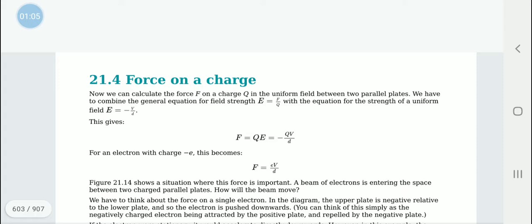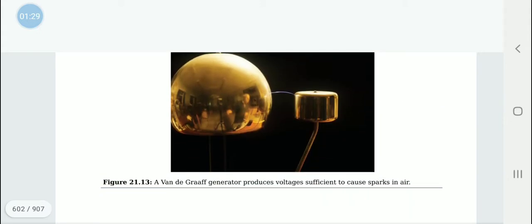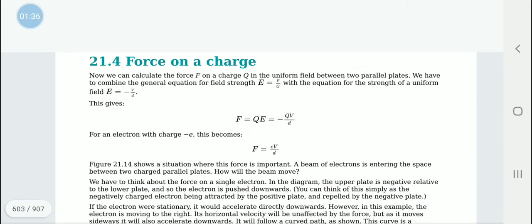So the force on an electron is eV upon D. Then a beam of electrons, if it enters a space between two charged parallel plates, how the beam is going to move is what we are going to figure out using these two equations. Now you know that the Van de Graaff generator creates enough charge so that a spark can move from one point to another through air, just like lightning does.